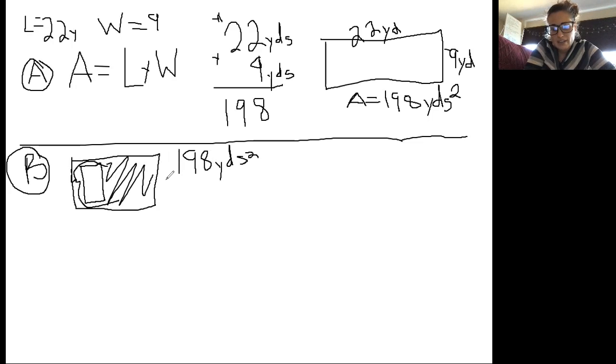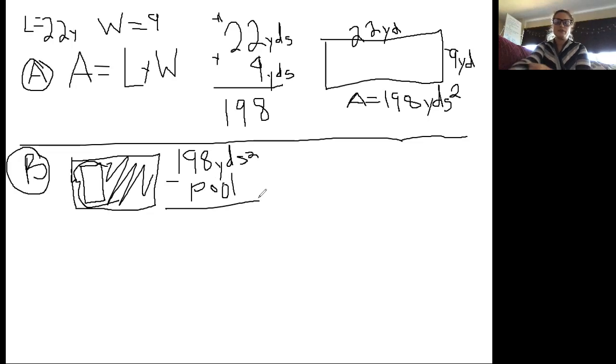And we know that we are going to have to subtract whatever the pool is. That's my plan. I'm sorry, I know I'm not doing a problem-solving box on here. I'm just explaining it as I go because it's too hard for me to draw that all out.